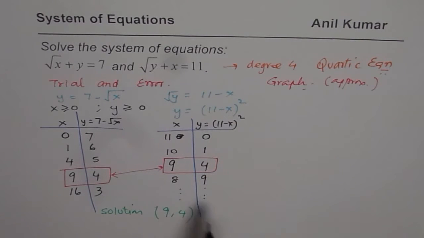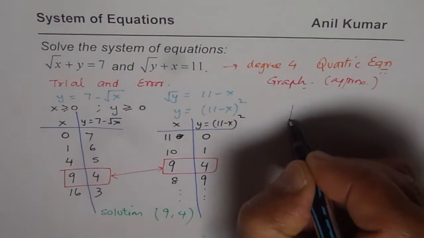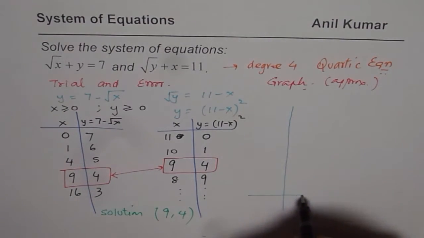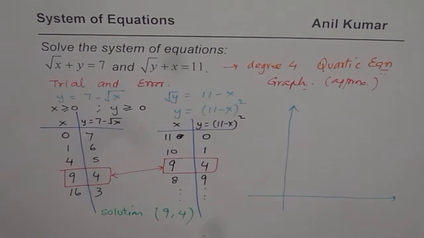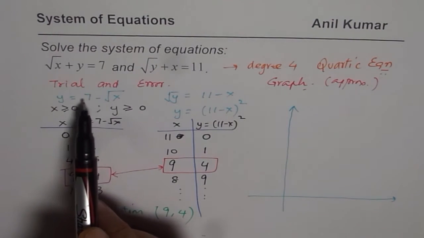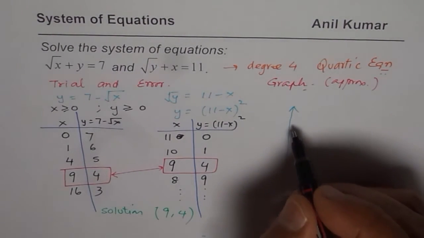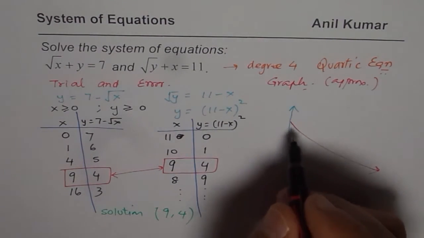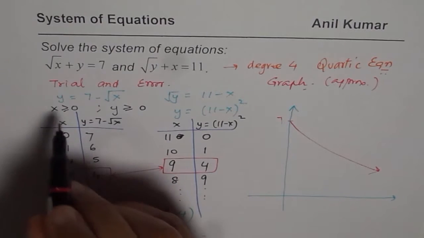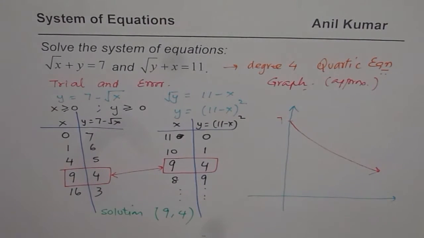You could also graph these values. So let's do that. I'm just taking the first quadrant of the graph, correct? We know one of these is a square root function, negative, going down. So it's kind of like this, starting from 7. That is the first one. The other graph is a parabola.